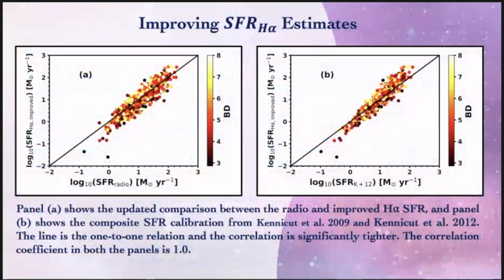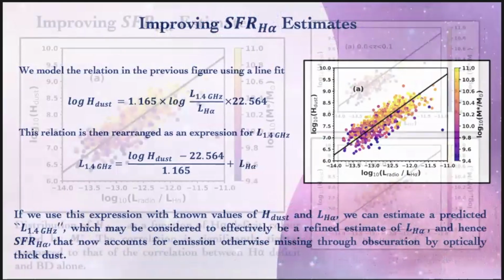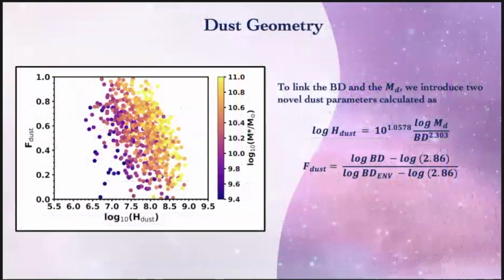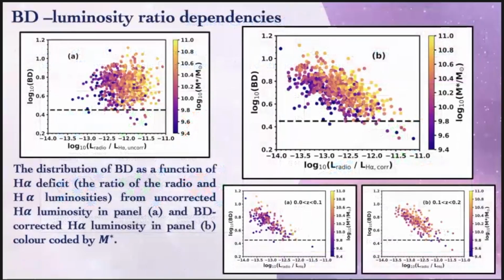Correction to the H alpha luminosity? So there were plots with the log Balmer decrement on the y-axis. These plots here. I was just wondering what the correction was between plot A and B that you applied.